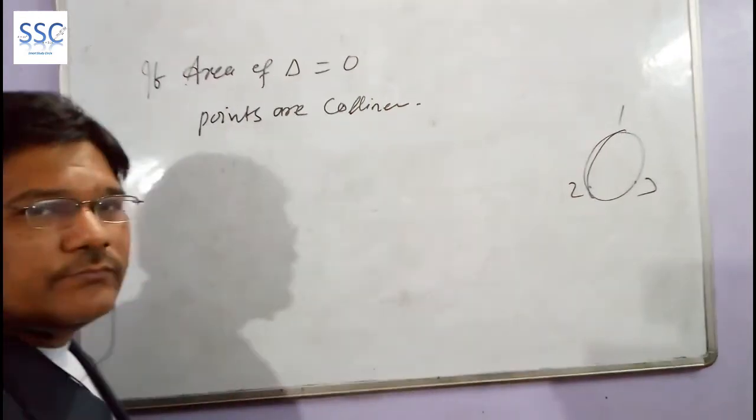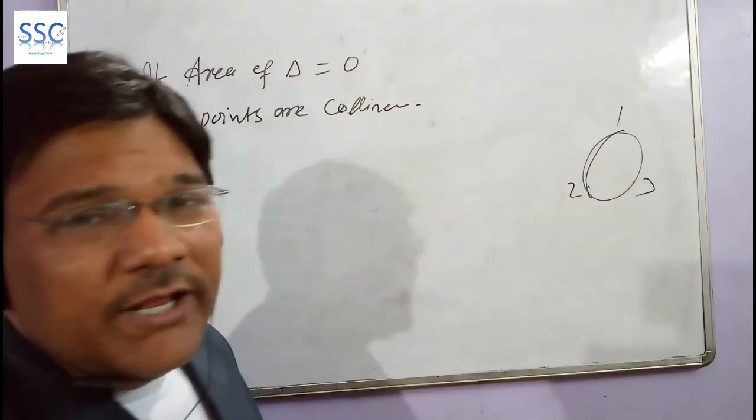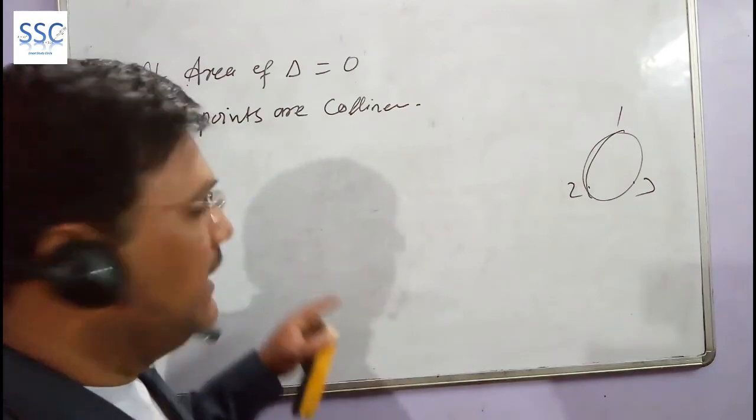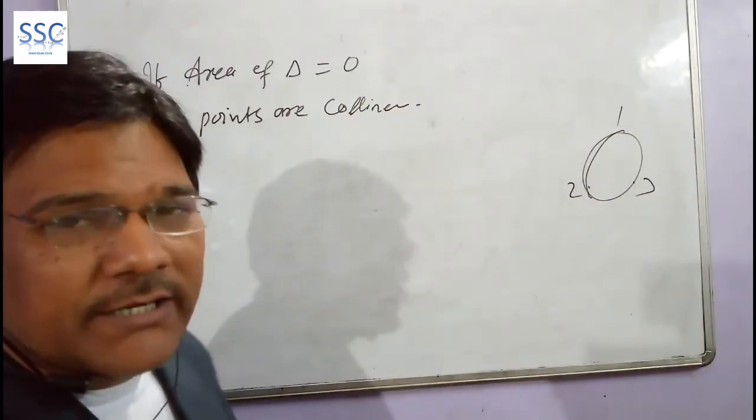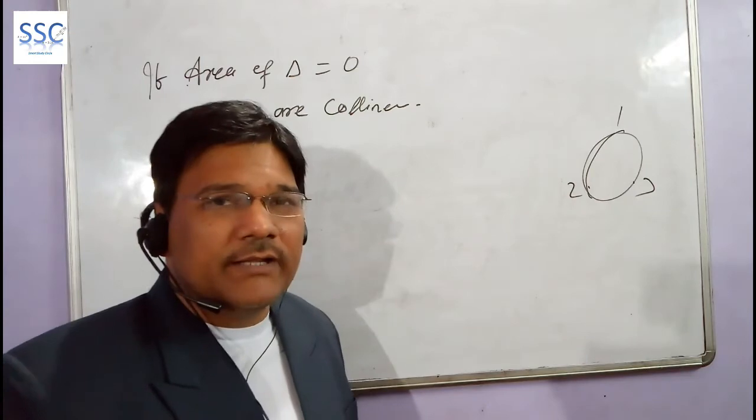To show the points are collinear, you have to find the area of the triangle. Conversely, if the area of the triangle is equal to 0, the points are collinear.